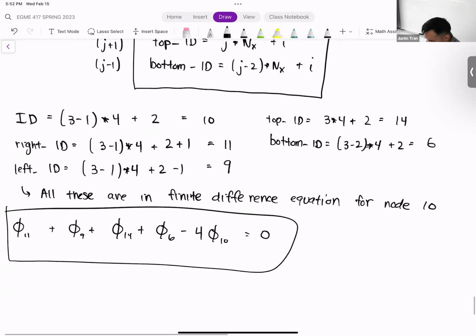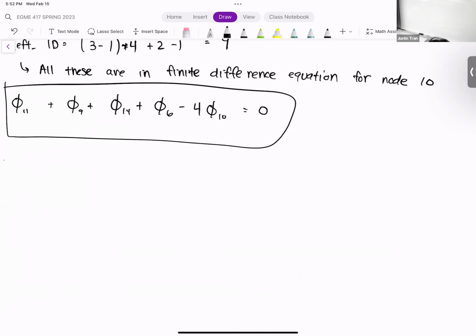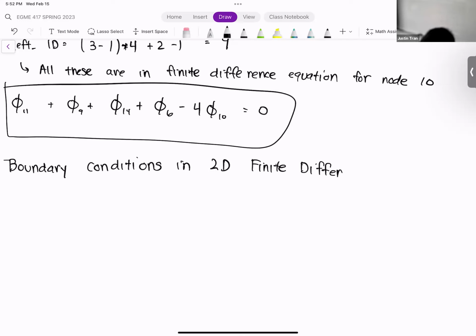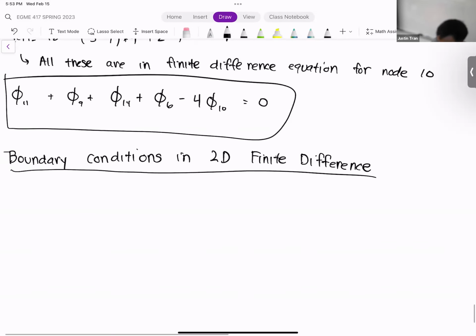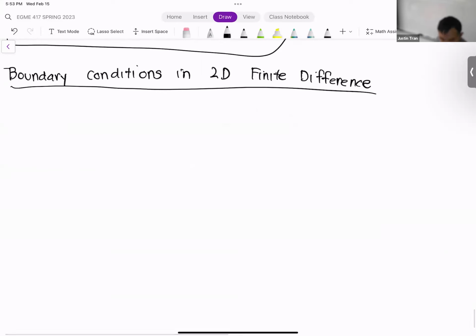Let's talk about boundary conditions now. There are going to be boundary conditions in 2D finite difference.